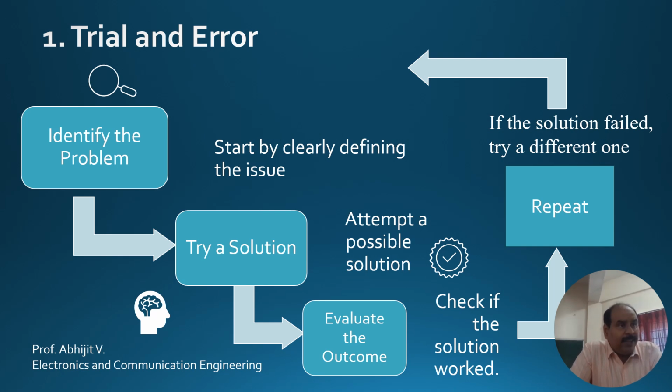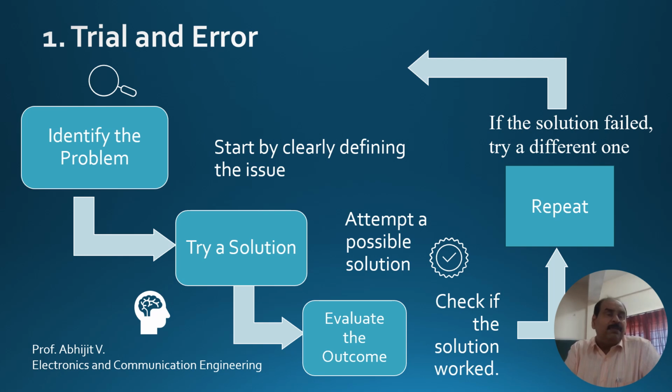If the solution is fine, what happens? Our problem is solved, right? If our solution is not fine, we go back to the problem statement, redefine the solutions, and try the next solution. So these are the steps involved in the trial and error strategy of problem solving.